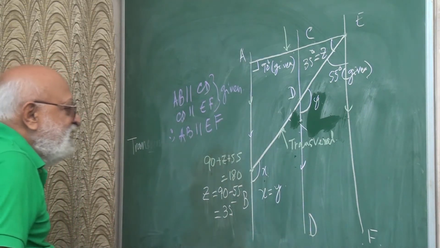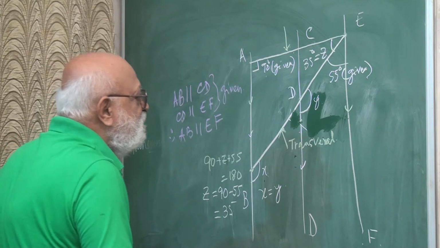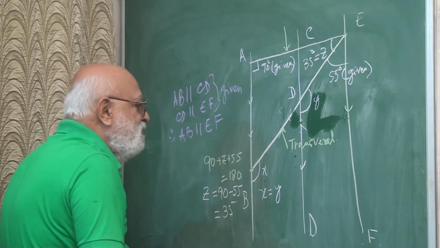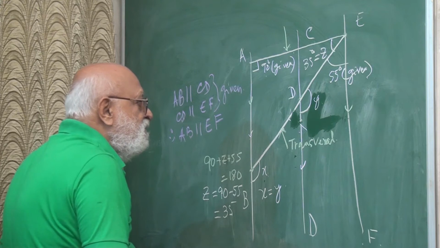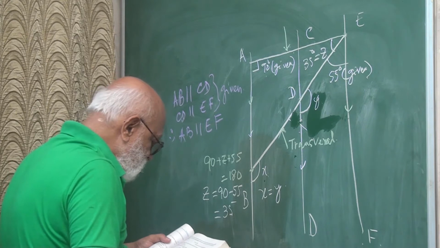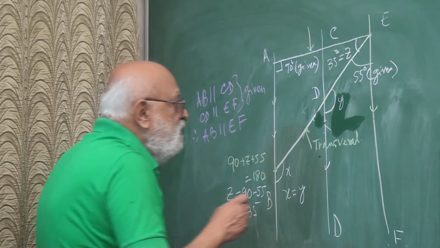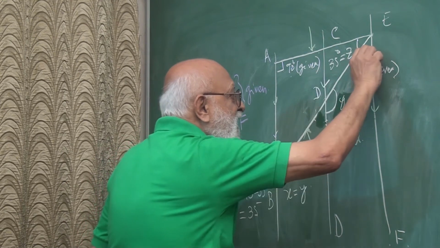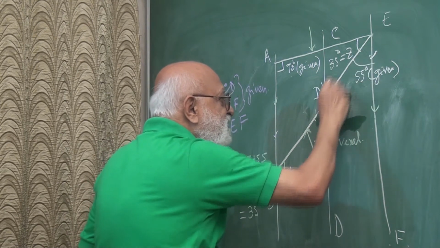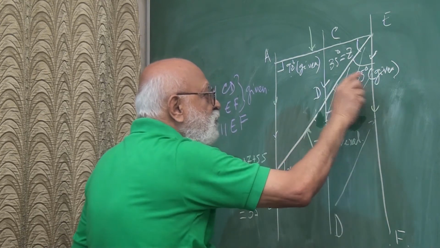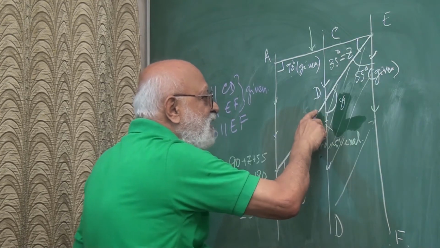So again you see this one and this one. These are two parallel lines and this is a transversal.